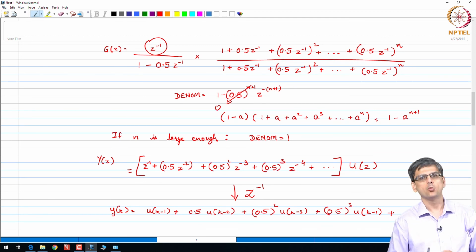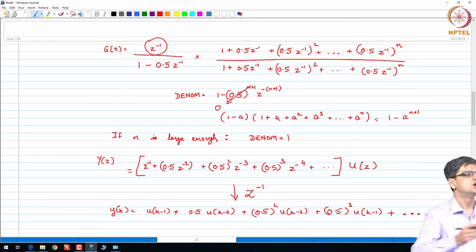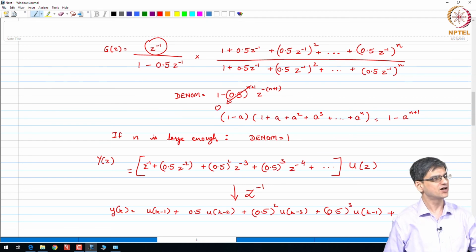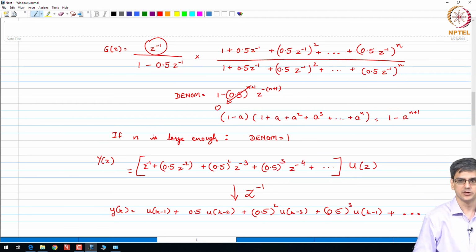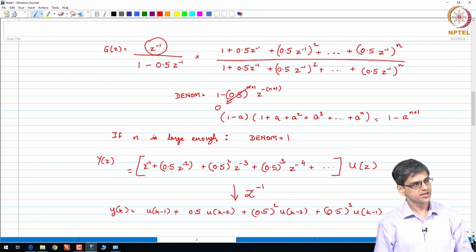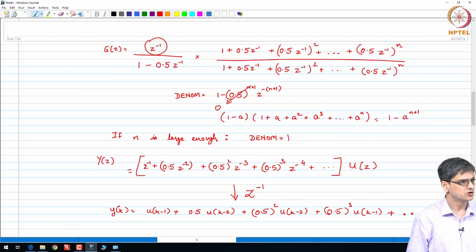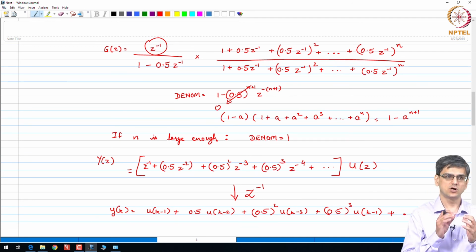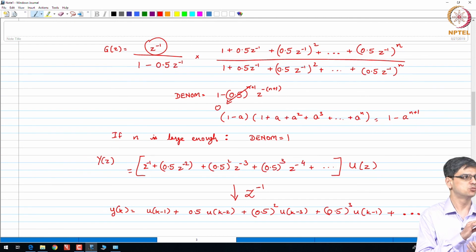But all I wanted to tell you is that to go from one type of model to another type of model, there is not one way to do it, there are multiple ways to do it. That is one thing. Second is the interpretation of FIR models in the context of input output. Input output is a much more compact, much more parsimonious way of representing an overall system.